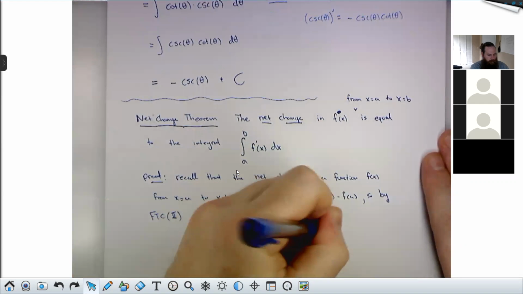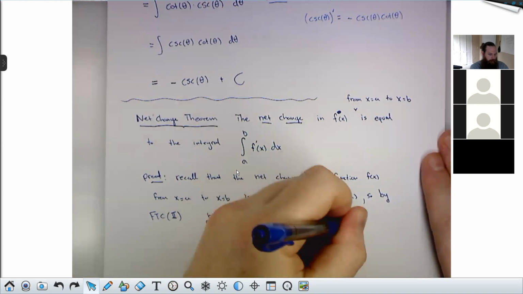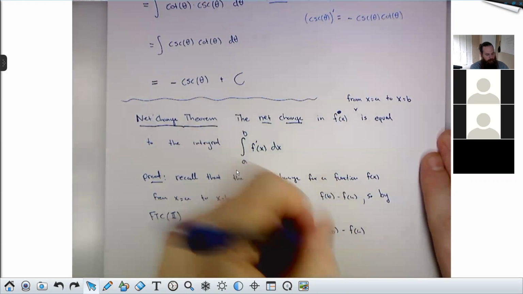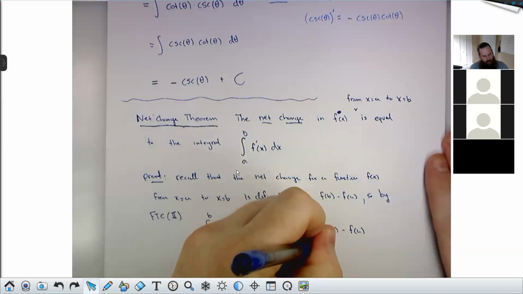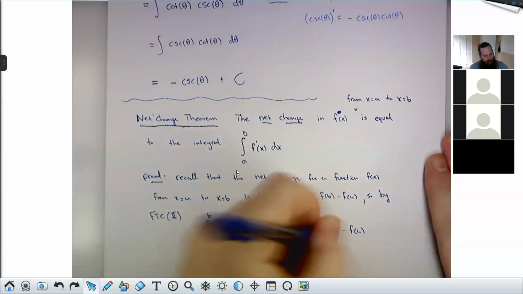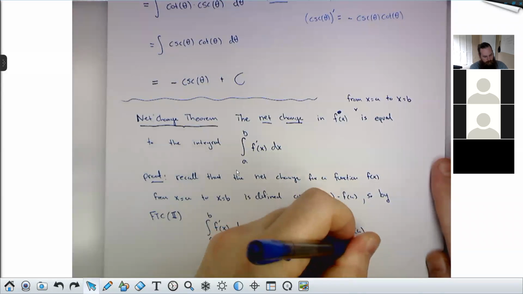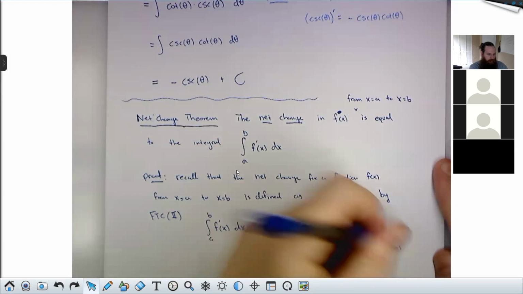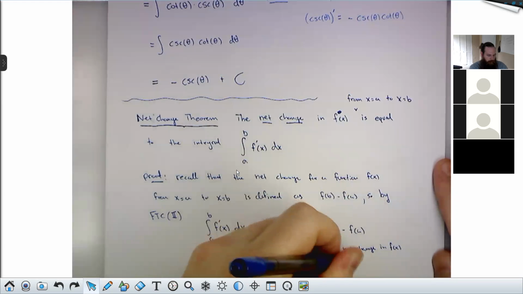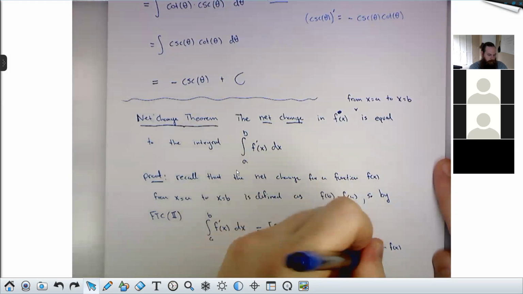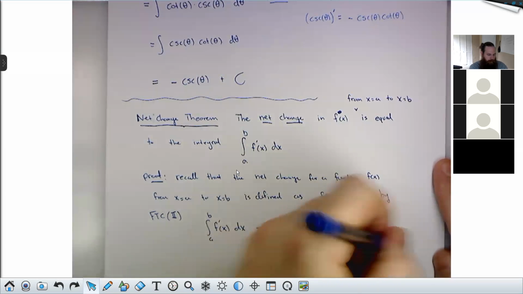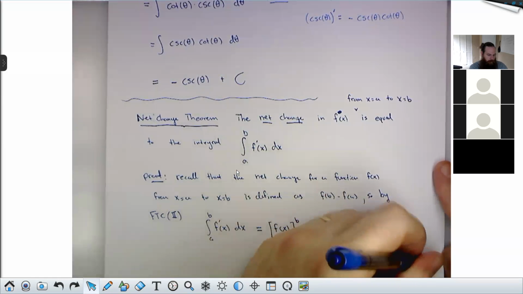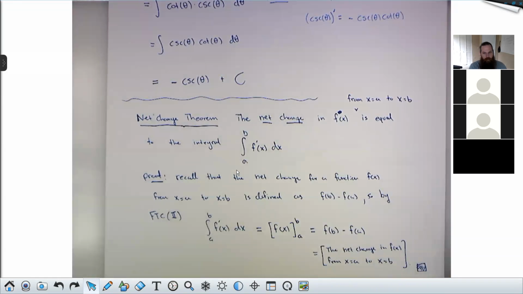And that is f of b minus f of a, which is the net change in f of x from x equals a to x equals b. Nothing fancy, right? It's just real straightforward.